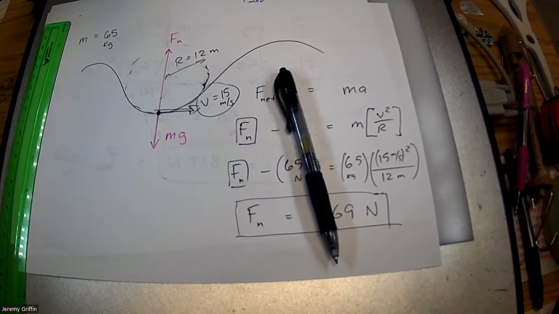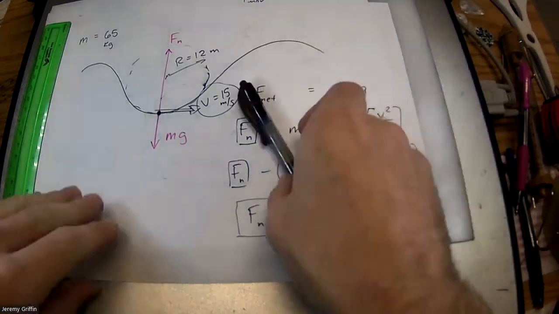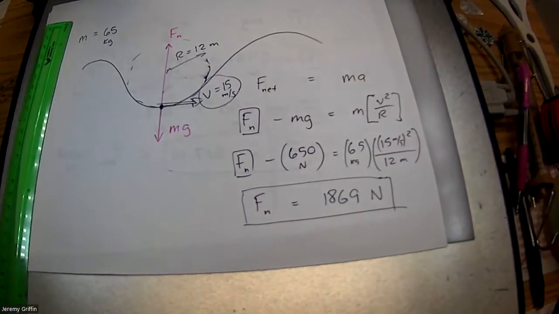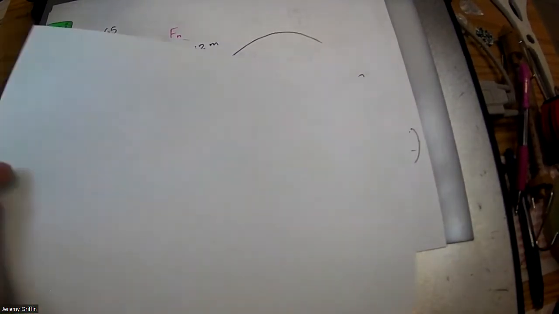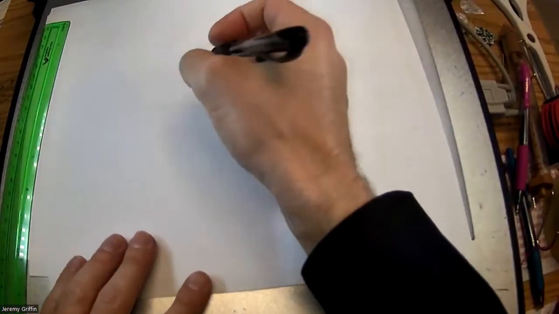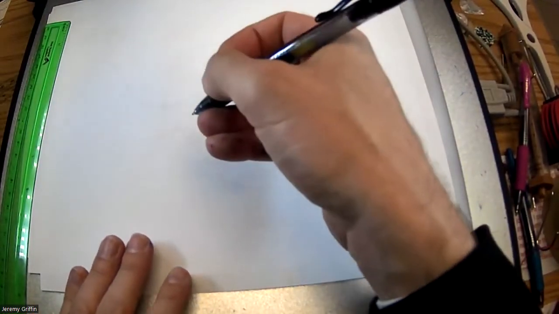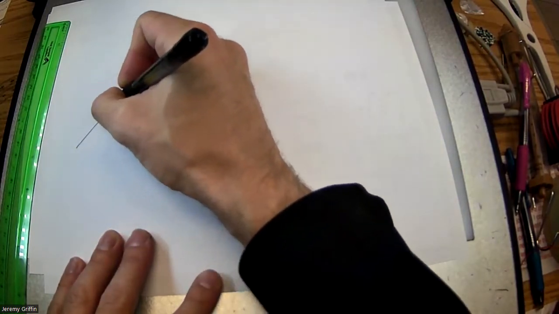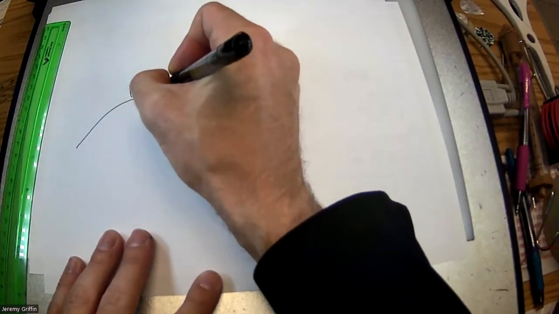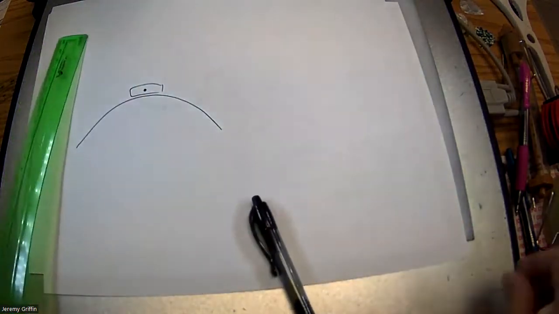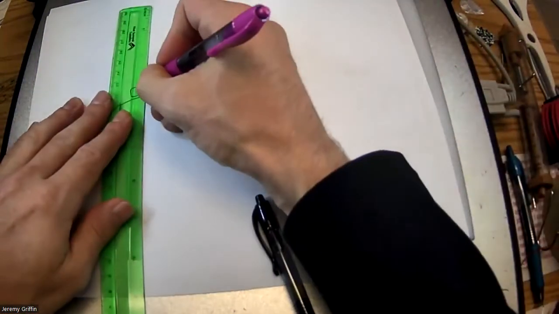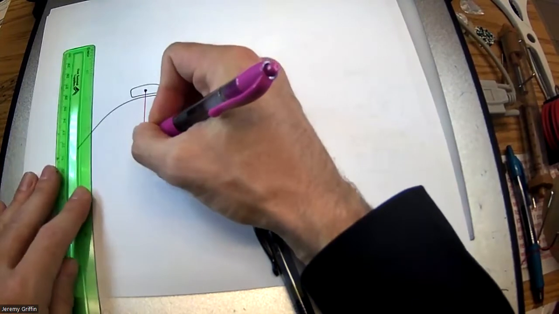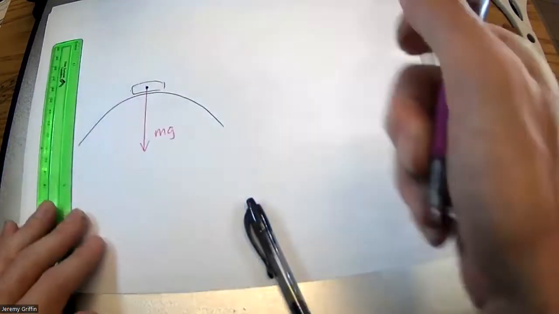Okay. So this question we're about to tackle is mathematically identical to that. Let's blow up that point where the cart's going around the track. I know that there's a weight pulling down, mg, because Earth is always pulling down.